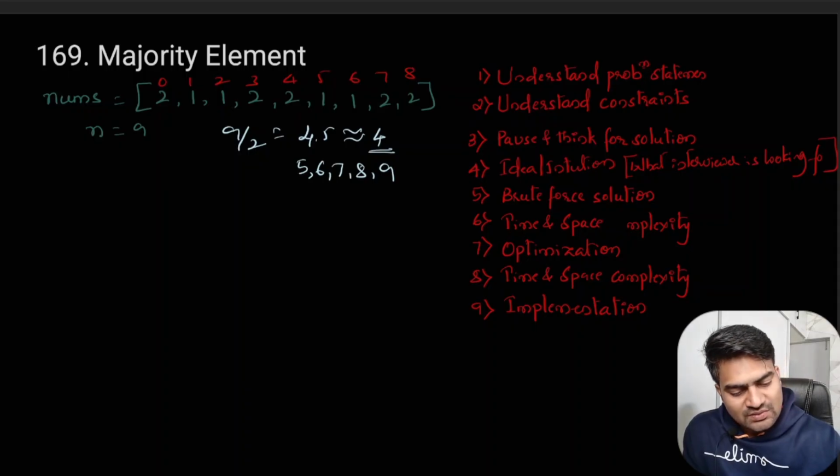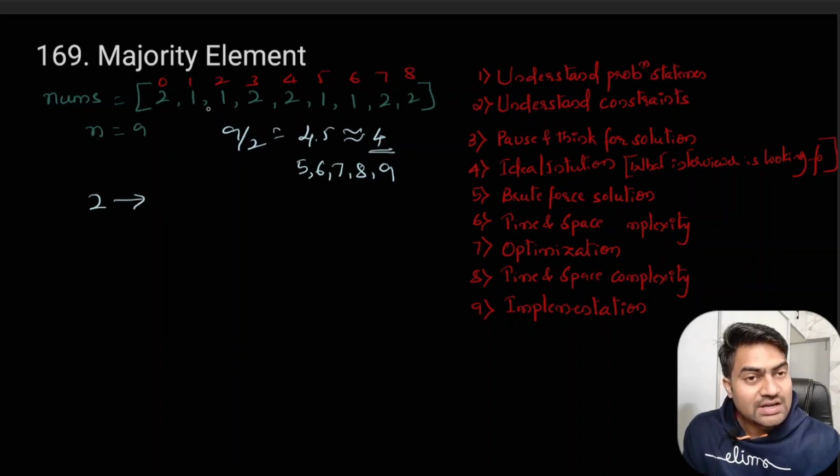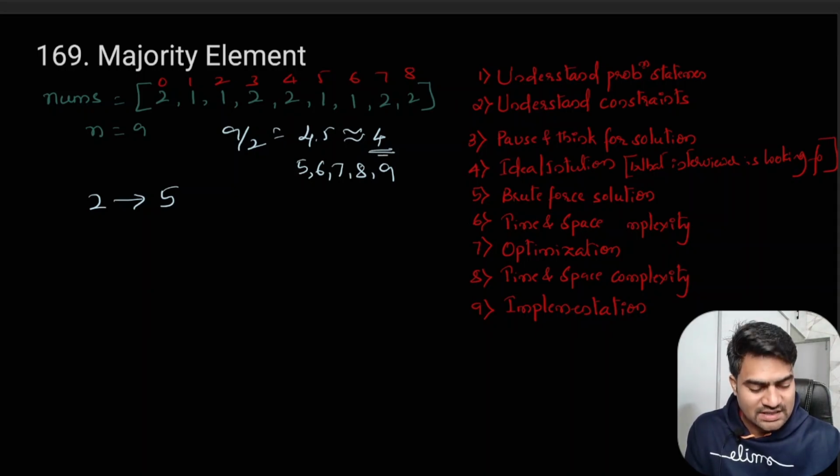In this case, I will start with 2 and count the appearances of 2. So 2 appears 1, 2, 3, 4, 5 times. Now this is greater than 4, so it means 2 is our majority element.